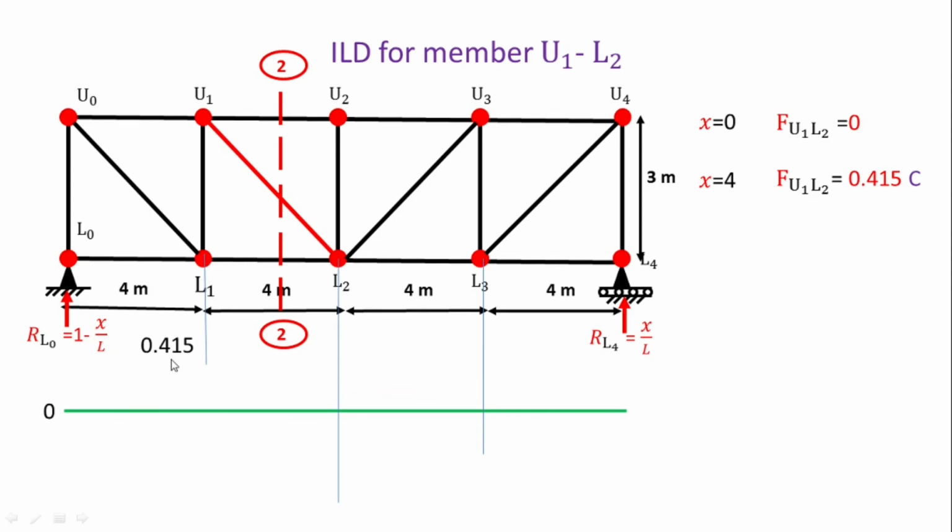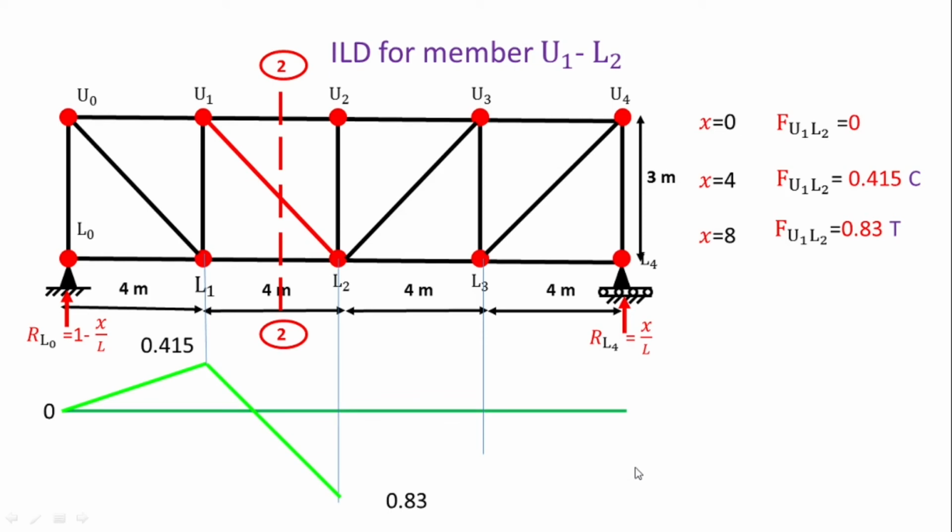So it is above the line 0.415, and join 0 to 0.415.